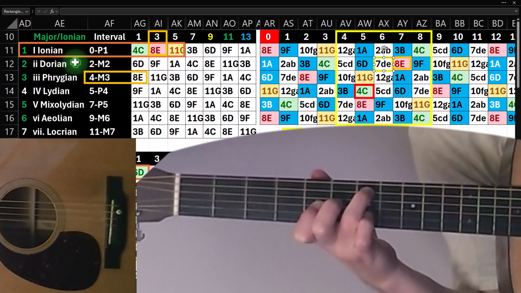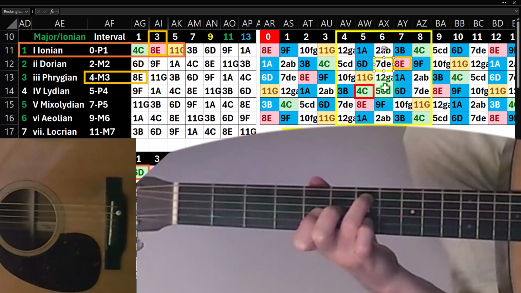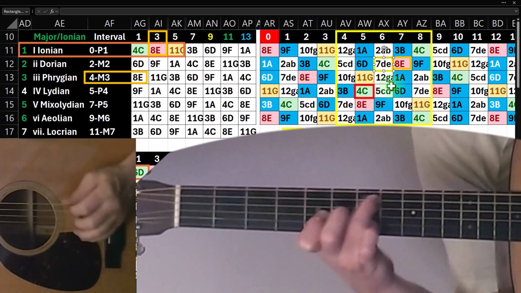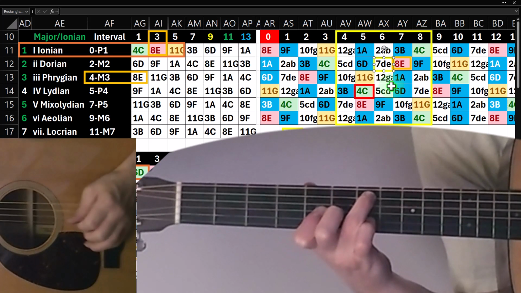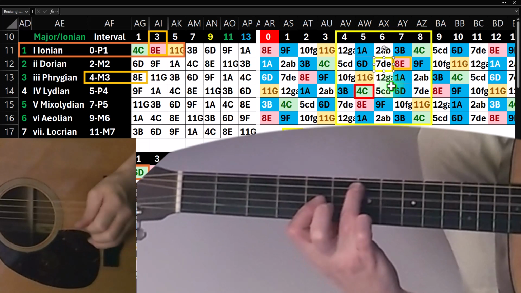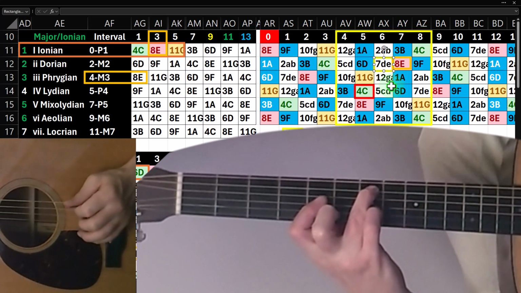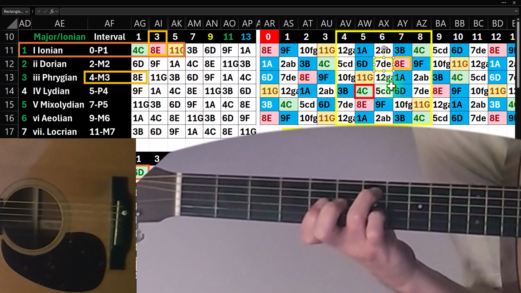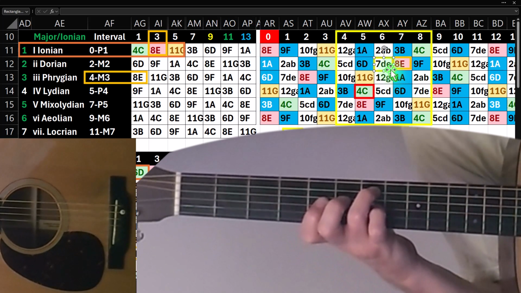It's going to be somewhat of a harsh sound because it's a second, but it's still in the key, so I could ring it out. Or I could try to mute it. So I'm still trying to hit the C as I bend up, so you can kind of play with that. It's kind of fun to play with the open strings.